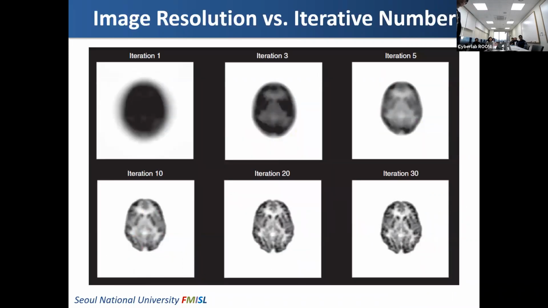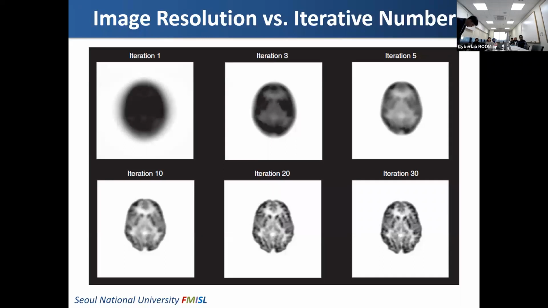Usually we start from uniform data, but as the number of cycles increases, the image gets much sharper. So image quality and sharpness depend on the number of iterations.